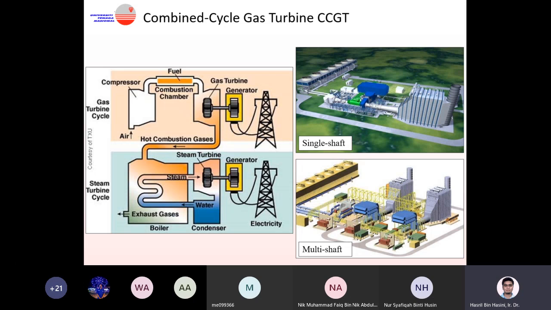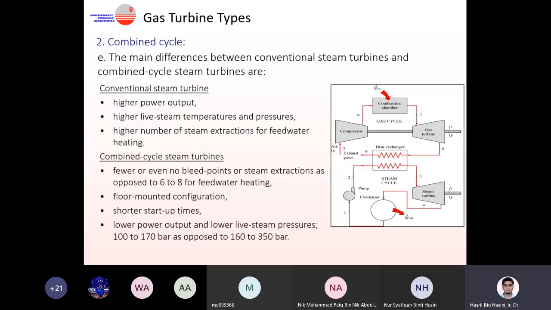You have another generator here. So this is a simple illustration that describes the combined cycle gas turbine. You can also have a single shaft gas turbine, which means the turbine and the generator have a single shaft, and you can also have a multi-shaft system.